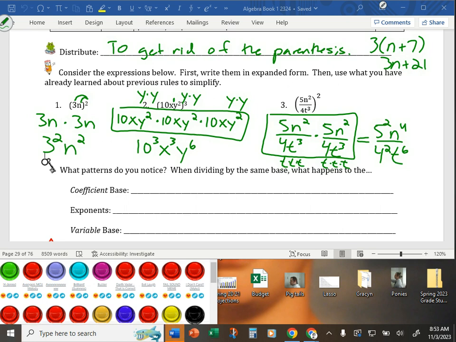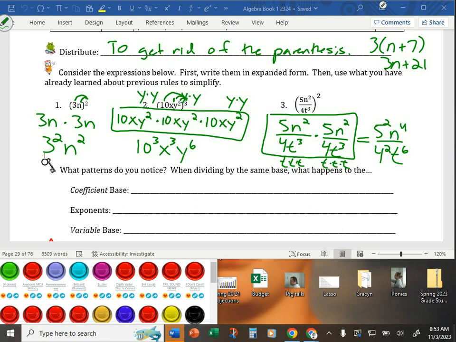A 1. 1 times 2 equals 2. The second one, we distribute the 3 into everything in the parentheses. The 10 became 10 cubed. The x, 1 times 3, became x cubed. And Emmeline, the y, 2 times 3, became y to the 6th.